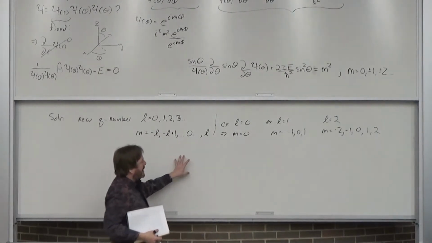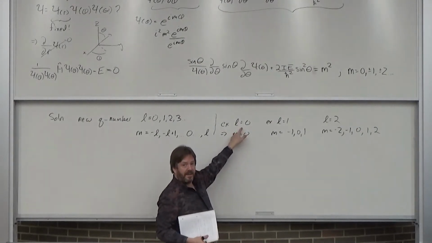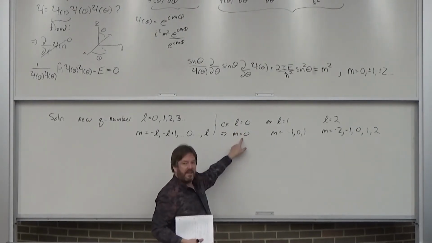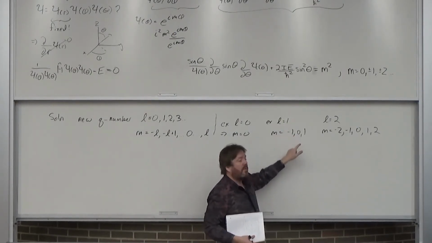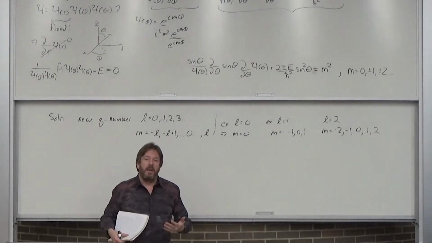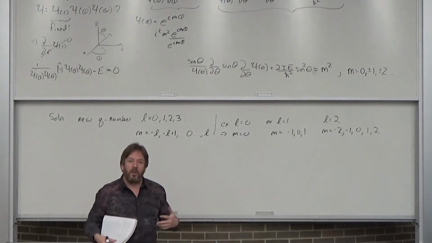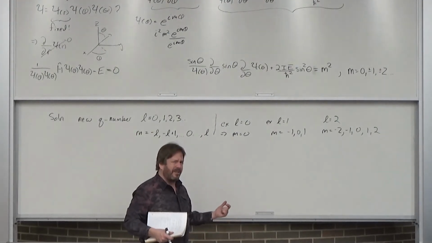Now, I've already let the cat out of the bag that L of 0 is like an S state. There's only one S state, but look at this L of 1. Guess what? That's a P state. There are 3 P states. Now, you know that: Px, Py, Pz. We saw similar behavior with the particle in a 3-dimensional trap. Remember that? 3 lectures ago?